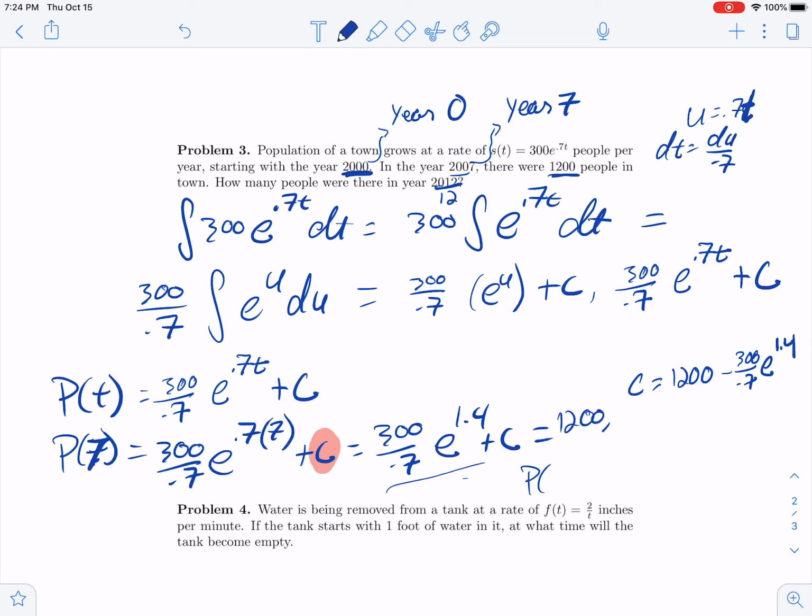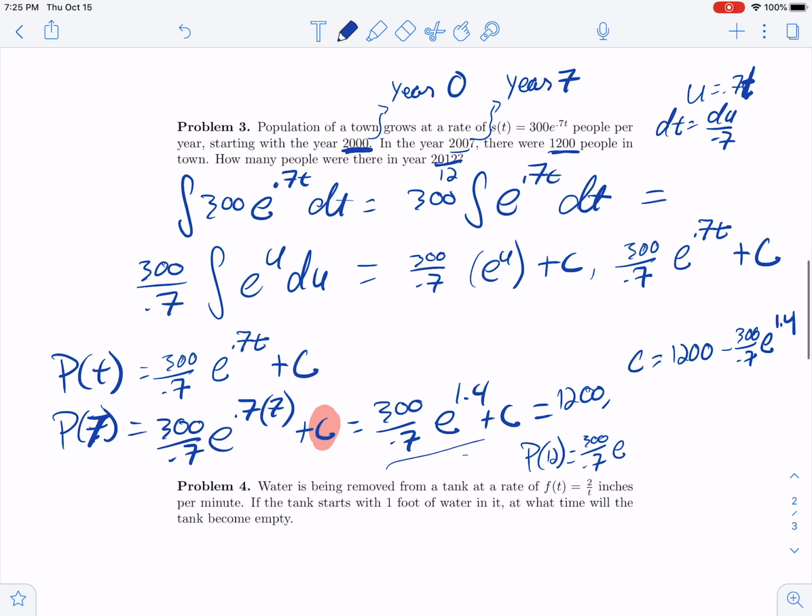So P of 12 is going to be 300 over 0.7 e to the 0.7 times 12 plus 1200 minus 300 over 0.7 e to the 1.4, because we're just trying to figure out what c is. So this is our c. It's a number. If I want the population in year 12, I just plug 12 into the function.